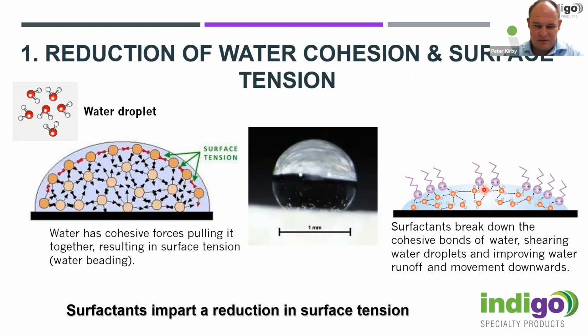As a result, it reduces the surface tension, breaks down those cohesive forces, and then shears droplets up. So it makes lots of small droplets out of the bigger droplet, which then become much easier to penetrate and move through that thatch layer into the soil environment.